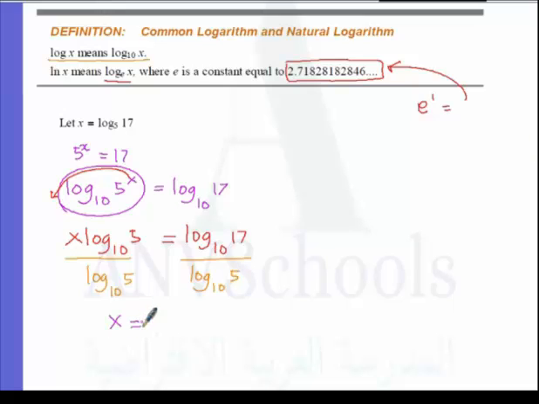x is equal to, so I would just easily cancel that one, and this will give me log 10 of 17 over log 10 of 5, which is also equal to 1 over log 10 5 times log 10 17, right?